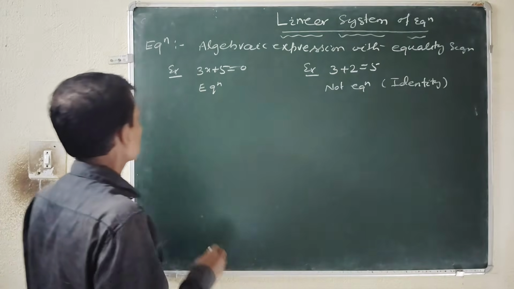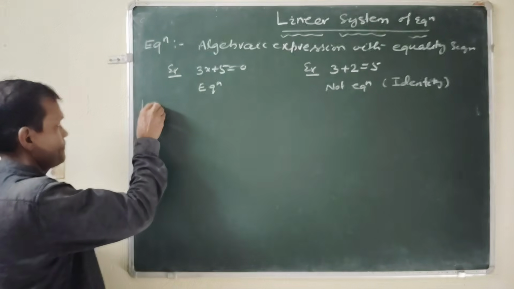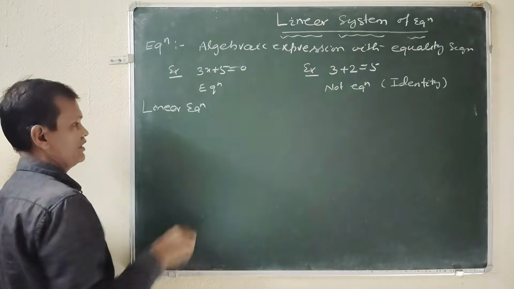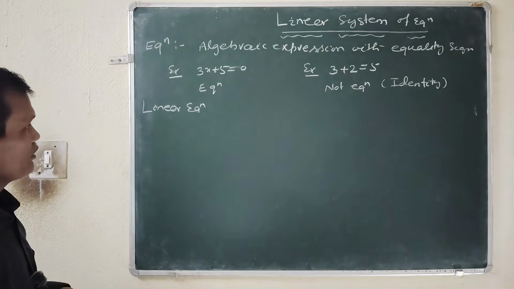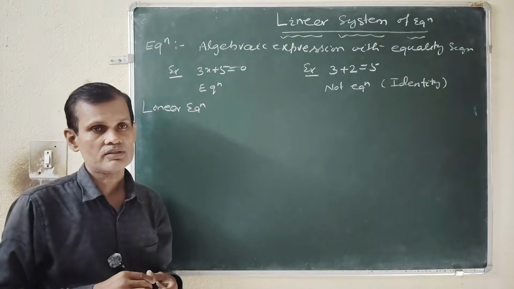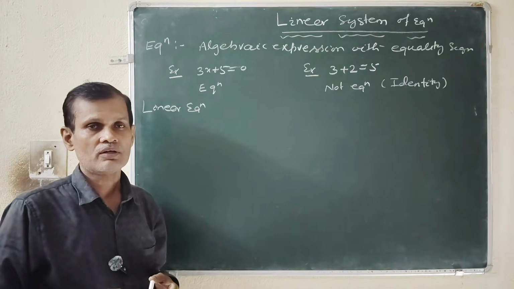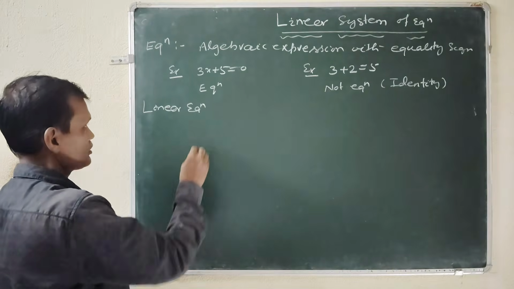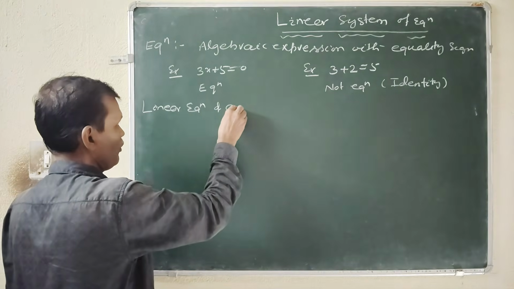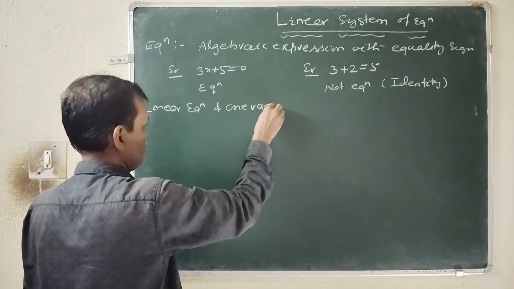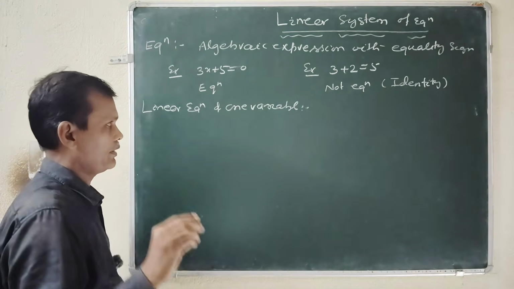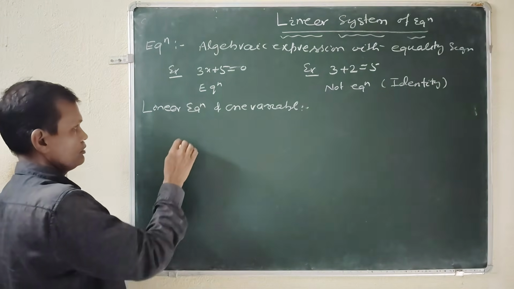Then you come to linear equations. A linear equation may contain one variable, or it may contain multiple variables. A linear equation of one variable means the equation will contain only a single variable.